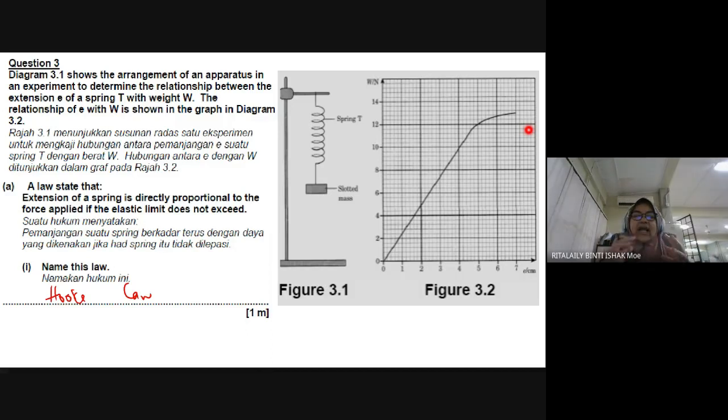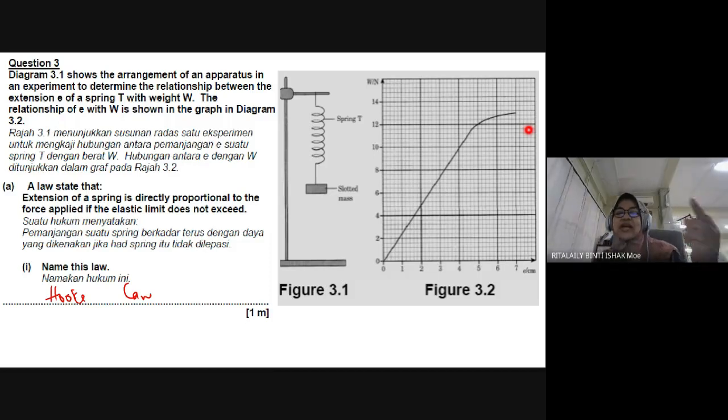So for any law, Archimedes, Bernoulli, Hooke's law, any law that uses a person's name, the spelling must be correct. So in the future, if you are not sure whether to put apostrophe S or not, just write the name, don't put the apostrophe. You won't be penalized for grammar mistakes, because this is not English, this is physics. So Hooke's law. You don't need to put apostrophe S. But if you write H-O-O-K-S, it is already wrong, because it is a spelling mistake.